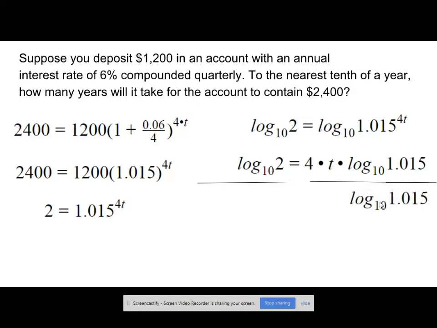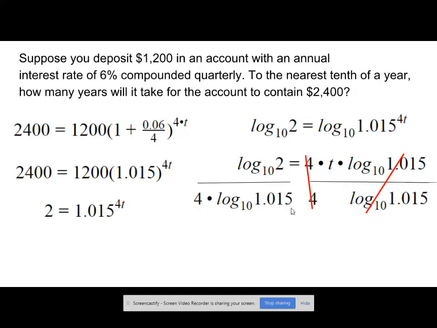If I divide both sides by log base 10 of 1.015, that divides to 1. I can divide both sides by 4. 4 divided by 4 is 1. Since it's multiplication, I can divide. That'll leave me with just t left over. So I'm dividing both sides by 4, and I'm dividing both sides by log base 10 of 1.015.